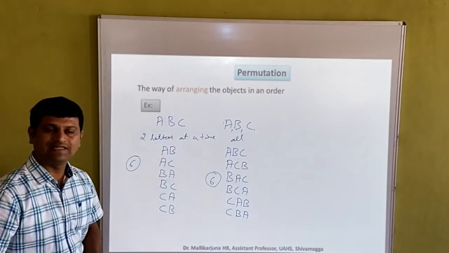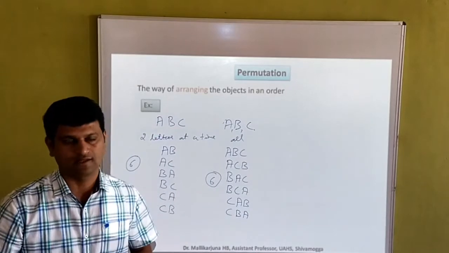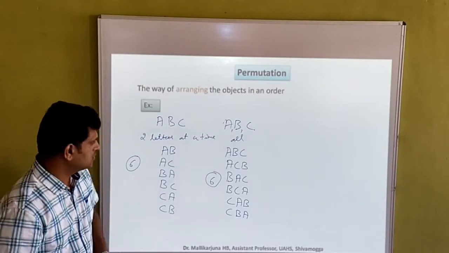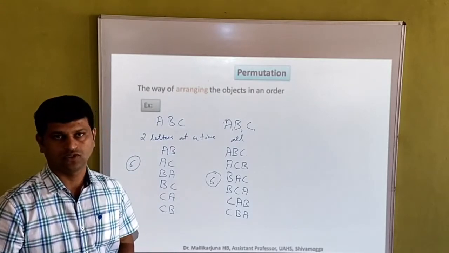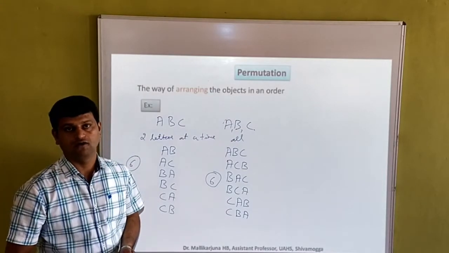Here I am taking only 3 letters. If 10 letters are there, then writing this type of method is a lengthy procedure. So we need a formula.